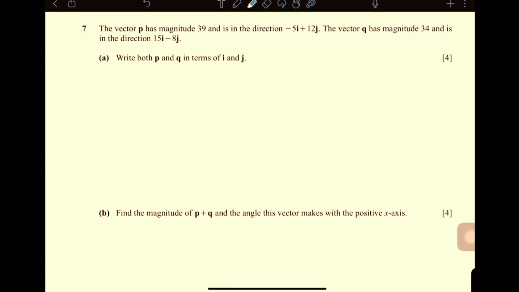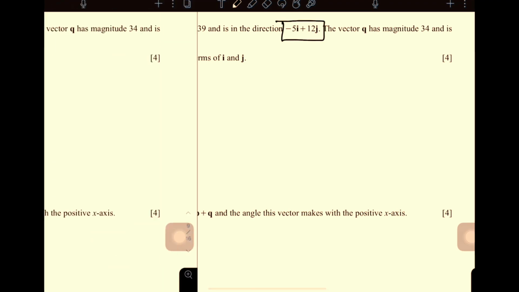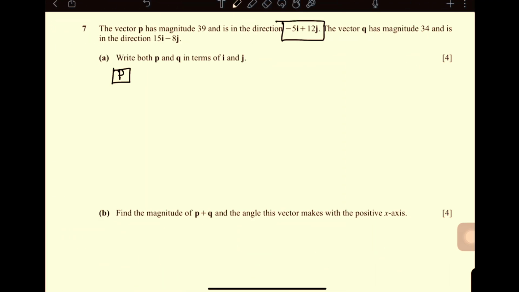So first of all, think for p. We are going to find p and q in terms of i and j. It has magnitude 39 and is in the direction of minus 5i plus 12j. So let us find the unit vector.